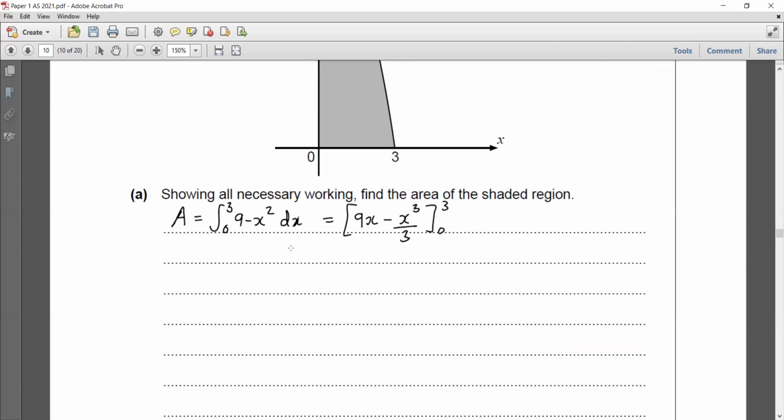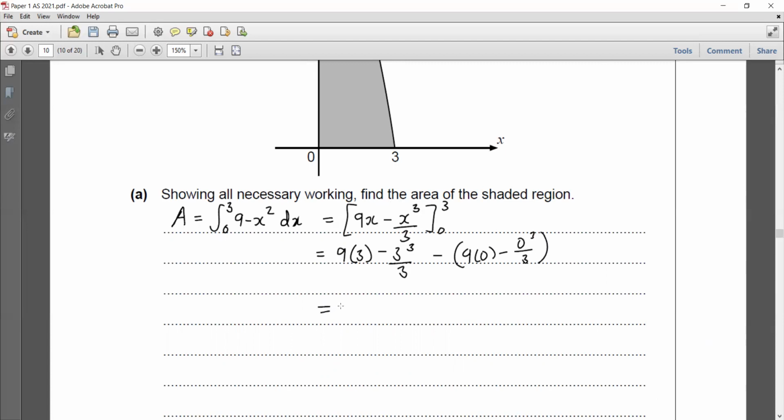So this is equal to, so you substitute the number on top, so you have 9 times 3 minus 3 cubed over 3, and then you subtract the answer when you substitute 0 there, so you have 9 times 0 minus 0 cubed over 3, so this is just 0.